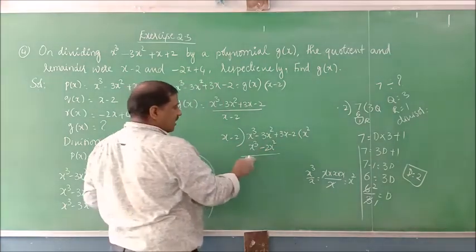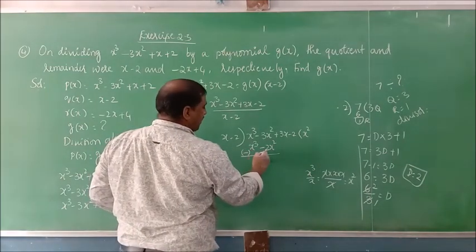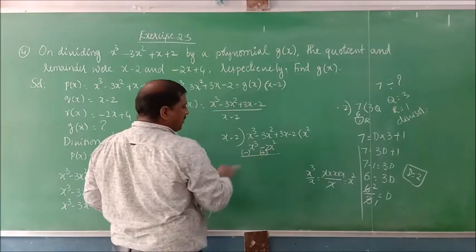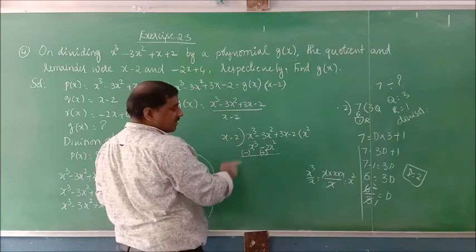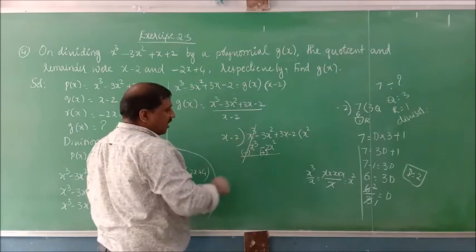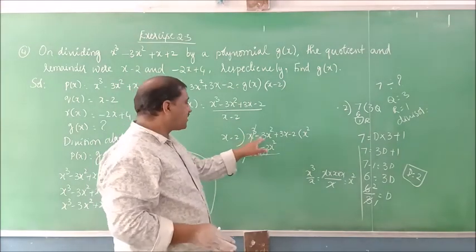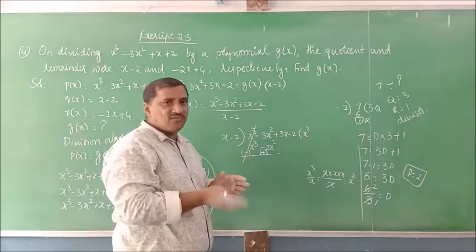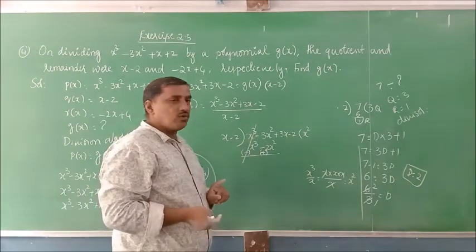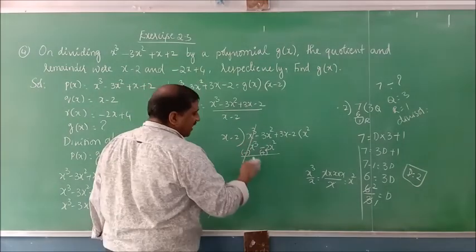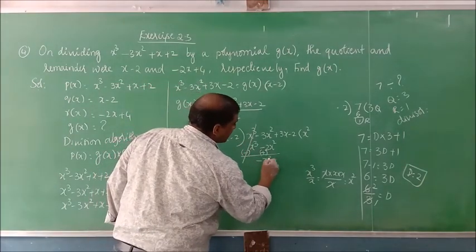Then subtract. This is minus and it is plus. So now what do we get? X cube minus x cube, both are cancelled. Minus 3x square plus 2x square: minus 3 and plus 2, different signs, so minus 3 plus 2 gives minus 1. Minus 1x square, or simply minus x square.